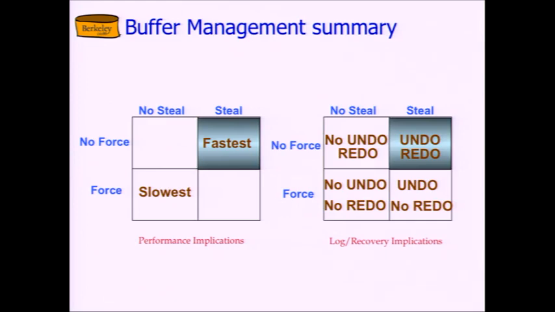If you don't ever steal things, you have no undo. And you can see how they changed, based on the choices you make. So you should understand this relationship between redo and force, undo and steal. You should understand how those fit together. We're picking the upper right, which is the most aggressive, where we have to do undo and redo information because we're stealing pages and not forcing them at commit time.